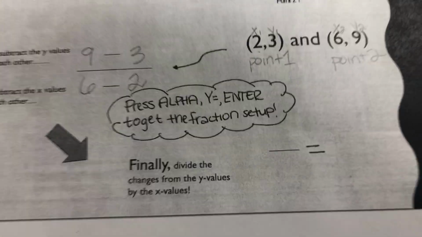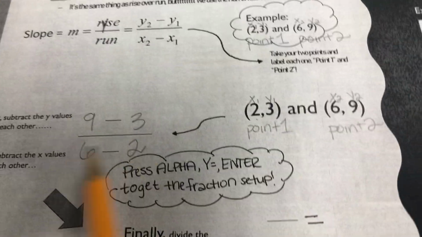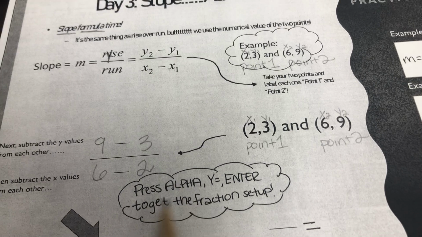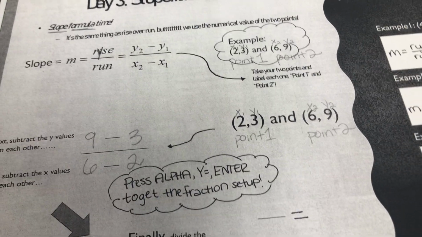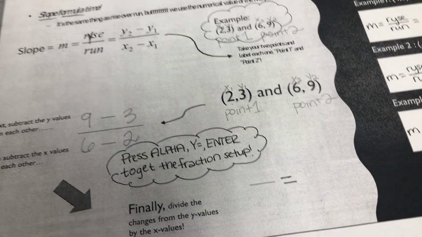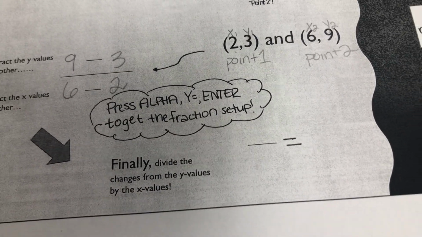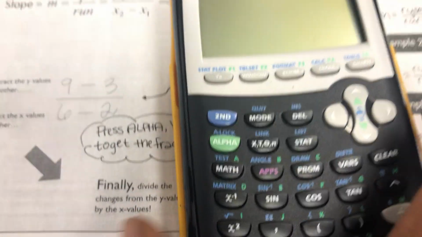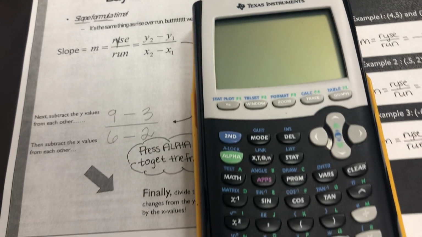Or an easier way that you can do this is just by putting this whole thing into your calculator. So I made sure I put the little way to make your fraction come up on your calculator just in case we've forgotten. So make sure to press alpha, y equals, and then enter, and that's what's going to make your fraction setup pop up. So here we go.